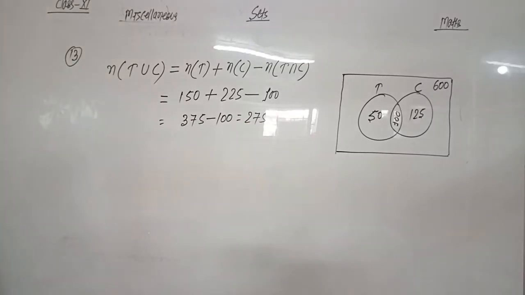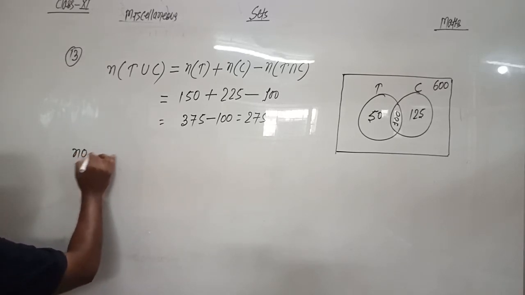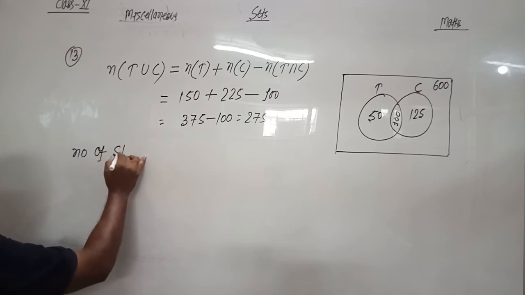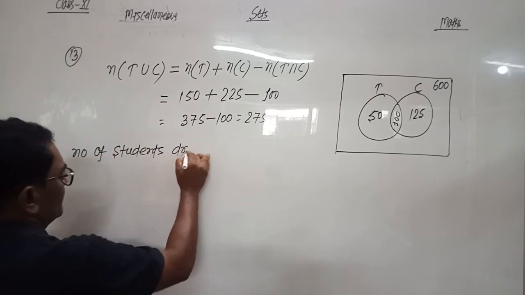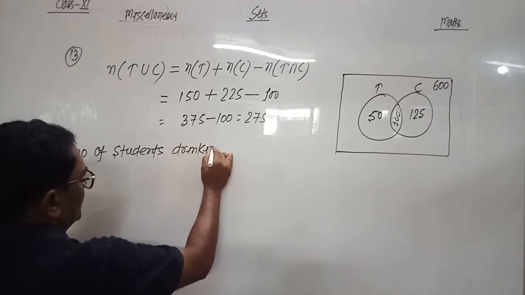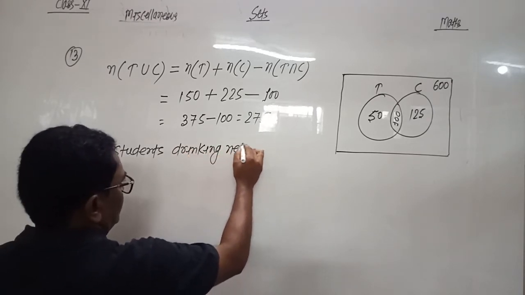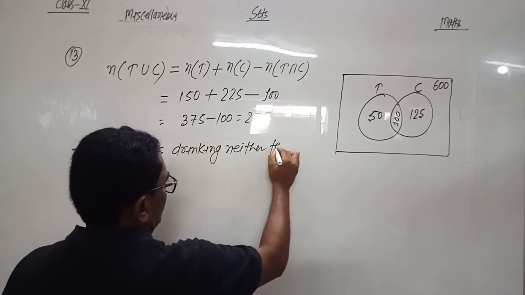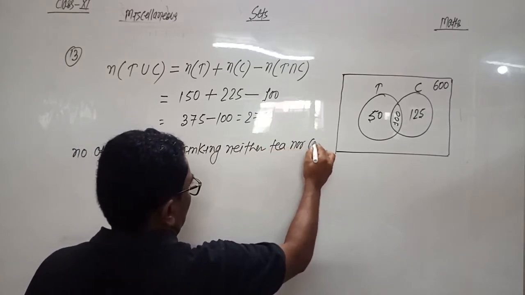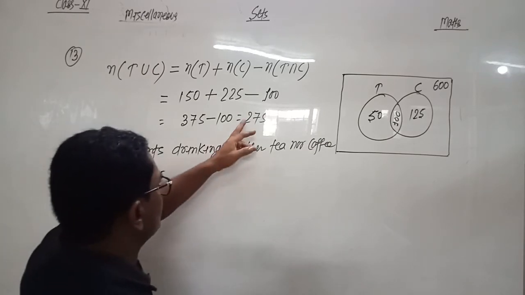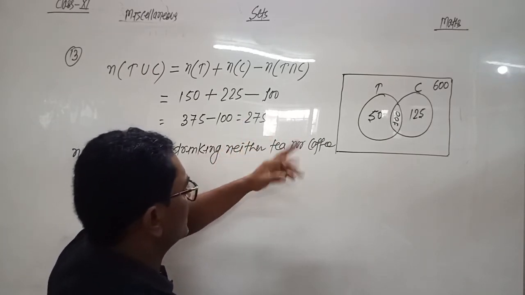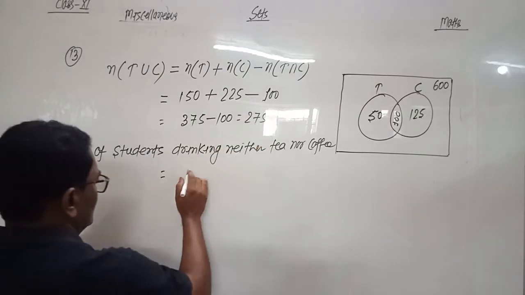But in our question, we have to find the number of students drinking neither tea nor coffee. So the number of students drinking neither tea nor coffee will be calculated by subtracting N of T union C from the total students.